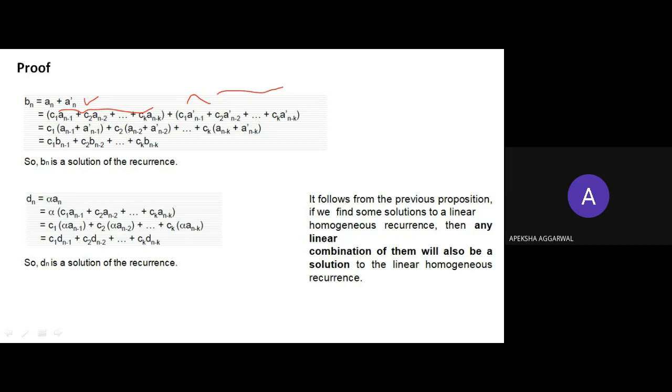If you add these, you take c1 outside, so c1 times an minus 1 plus an minus 1 dash is a new sequence b. Similarly for alpha, if you multiply it with a constant, alpha an minus 1, you will get a new sequence d.